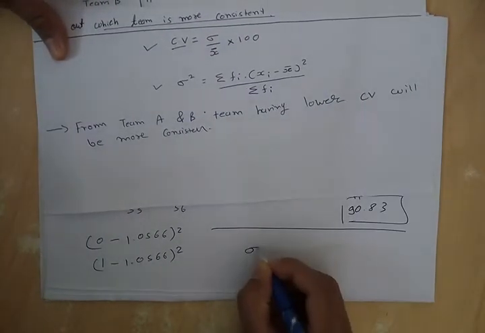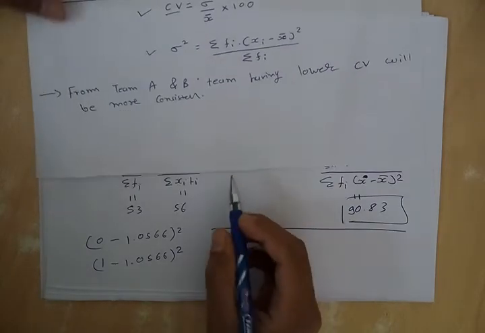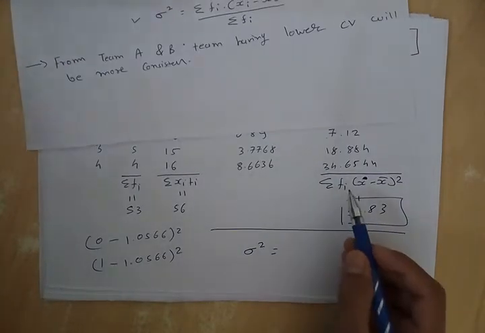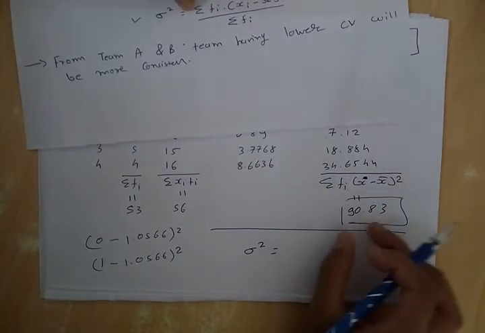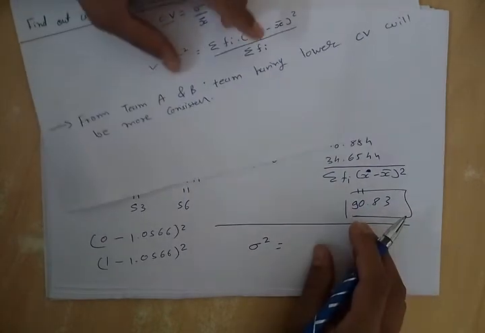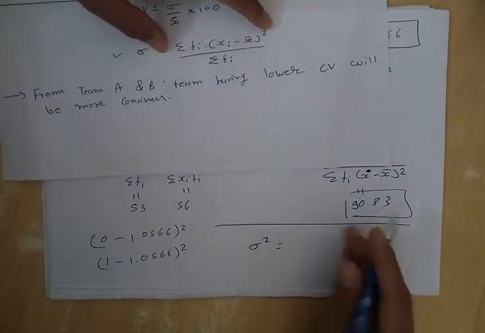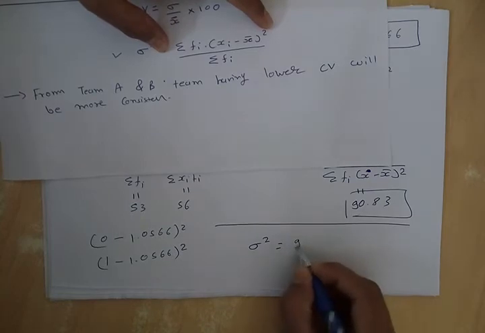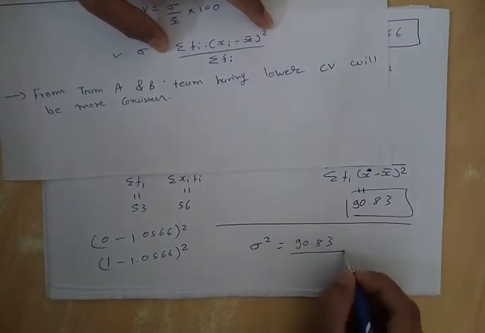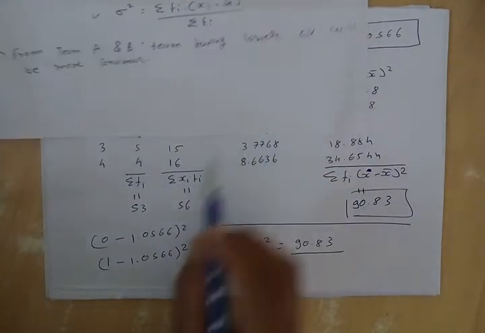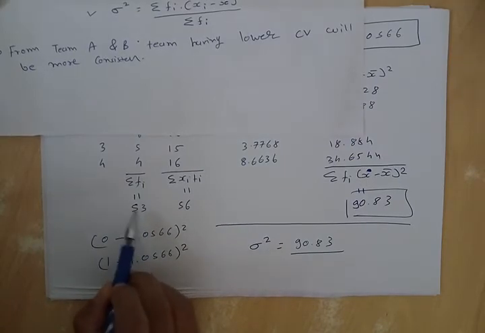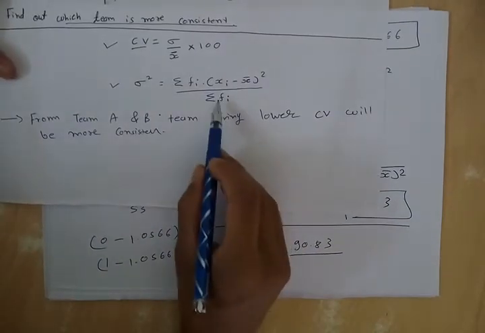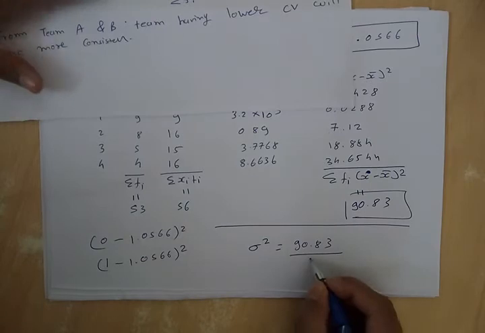So sigma square is equal to, we have already calculated this term here, so it is 90.83 divided by sigma fi. Here sigma fi is 53. So we'll put 53 here.